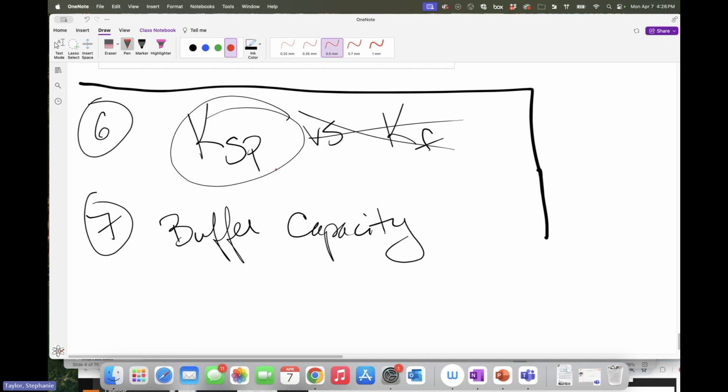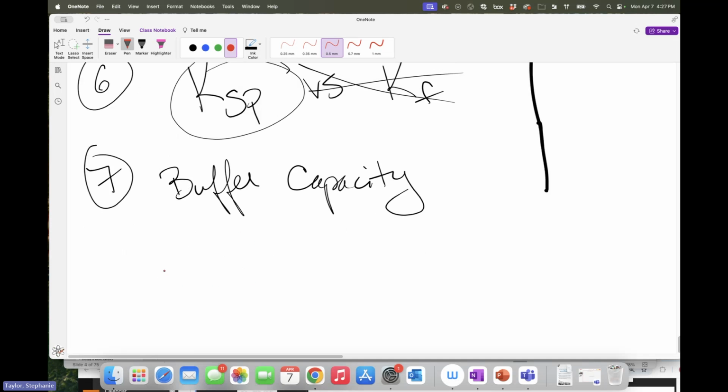Okay, common ion effect and KSP. We're going to start off with the classic version of this, which is to talk about magnesium hydroxide.